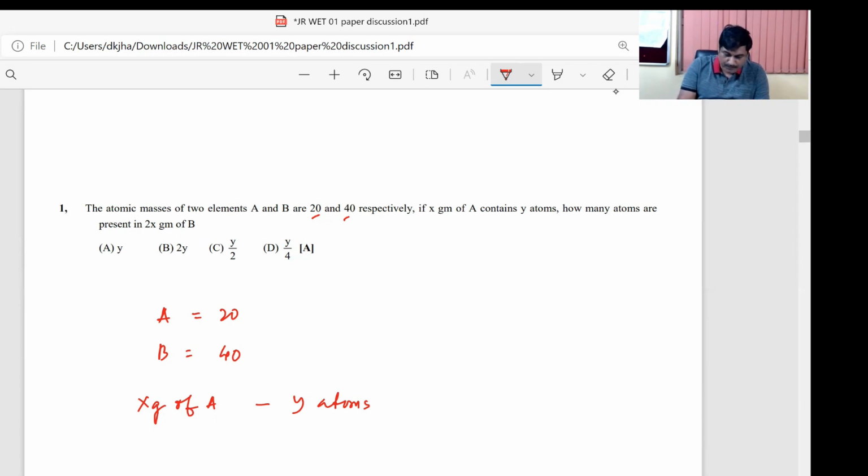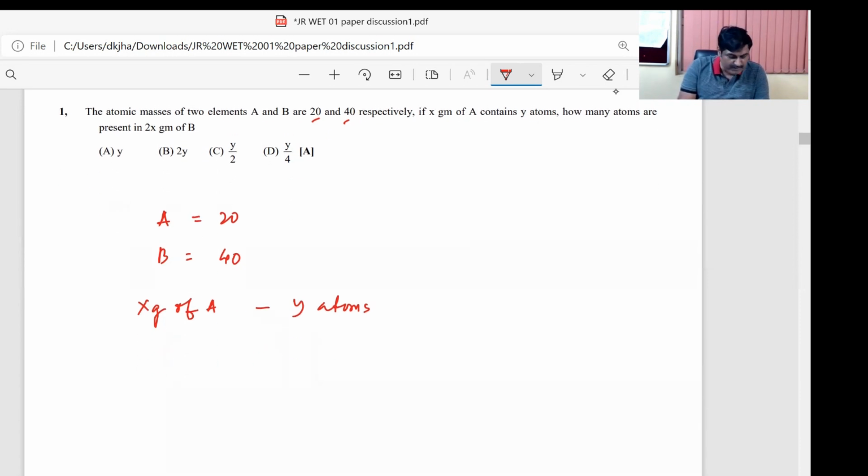Okay. So first we have to see what X gram of A means. The number of moles of A is equal to X by 20 moles. X by 20 moles contain Y atoms.